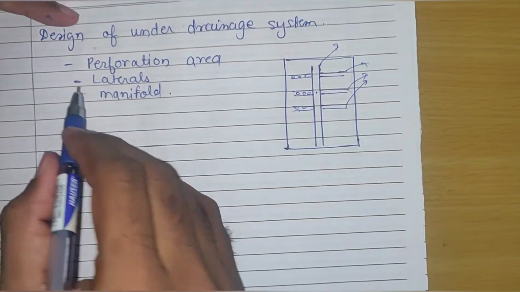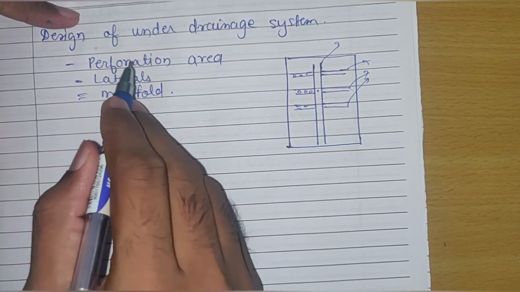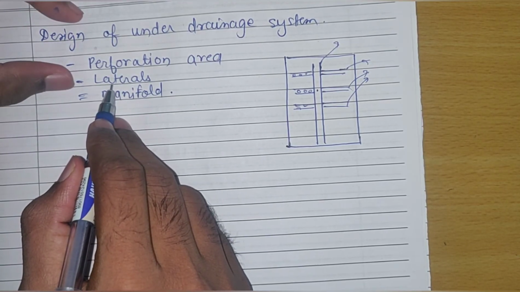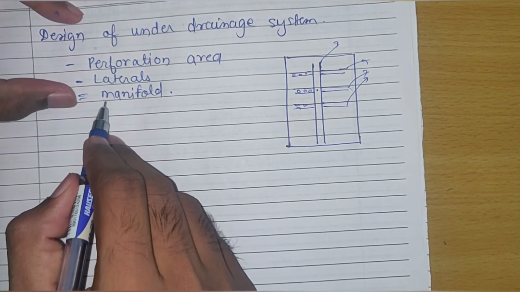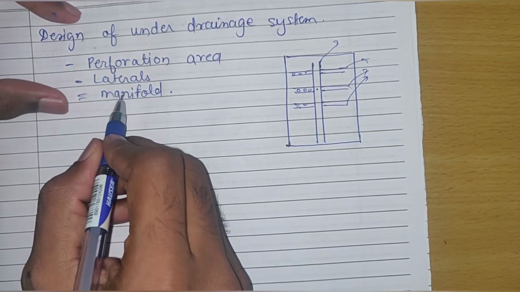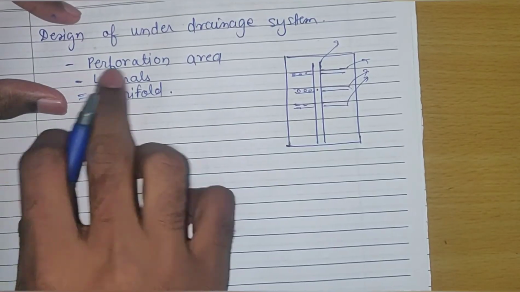Now initially we have to assume the perforations area, then we can find the laterals area, number of laterals, then manifold area and manifold diameter. After finding that, we again have to find the perforation area.